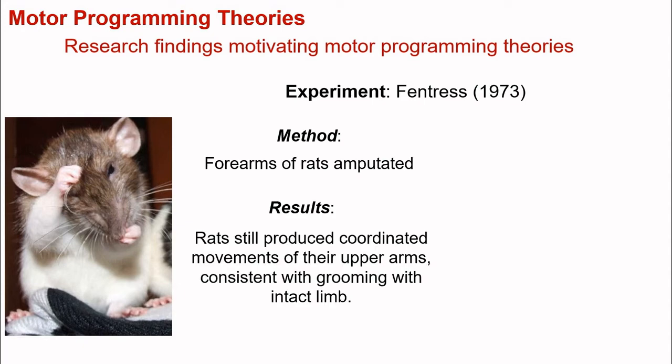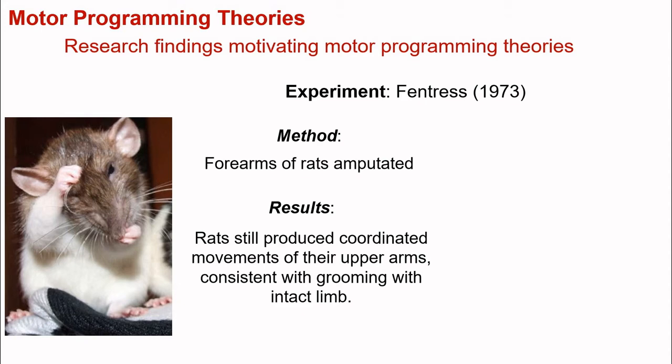The basic finding of this research was that after recovering from the surgery, the rats were still observed to produce coordinated movements of their upper arms. The observed movements were consistent with the movement patterns that they had learnt when the limb was intact.